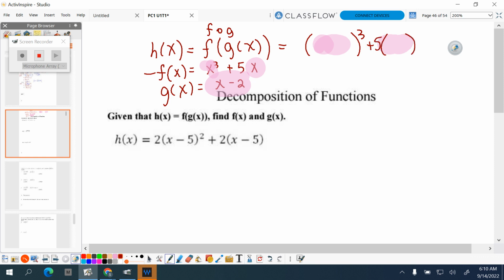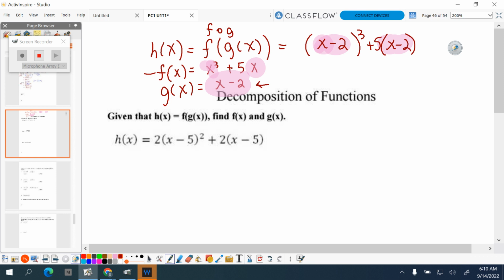So what is our new x? Our new x is going to be this group, x minus 2. So x minus 2 and x minus 2. You could go ahead and simplify that, but we don't want to do that. We just want to point out that we now have g of x inside of each x term of f of x.